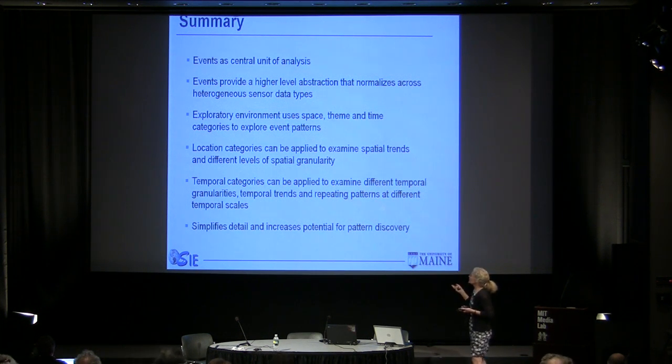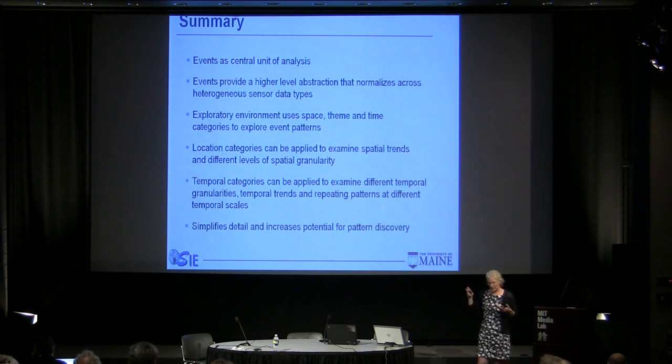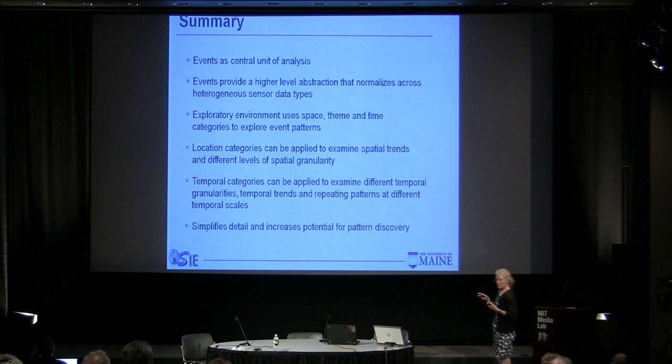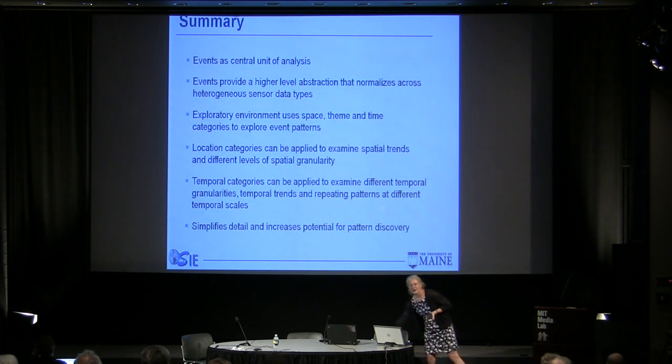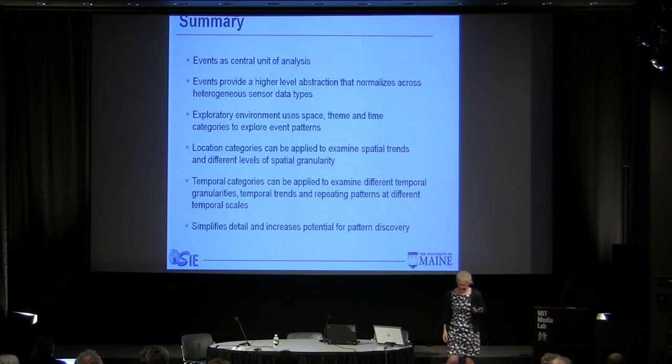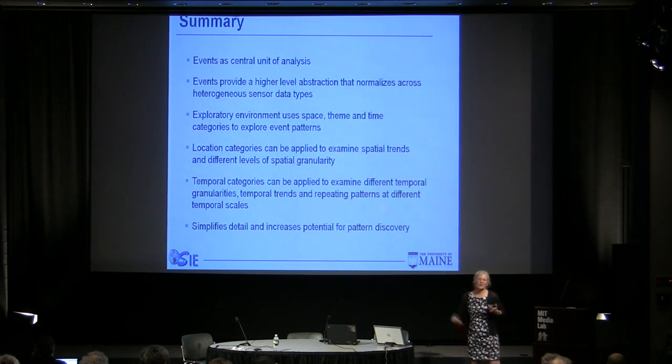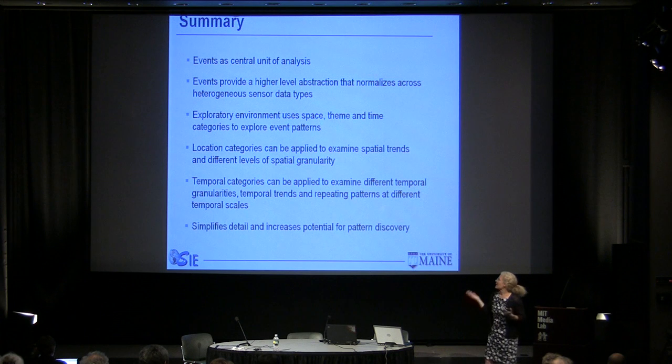The location categories we can use to explore different structures in space. And same with the temporal categories, we can use this to examine different temporal structures, repeat structures, and temporal trends. Judy made the good point the other day that not every visualization does everything, and they can do different things and do different things differently.